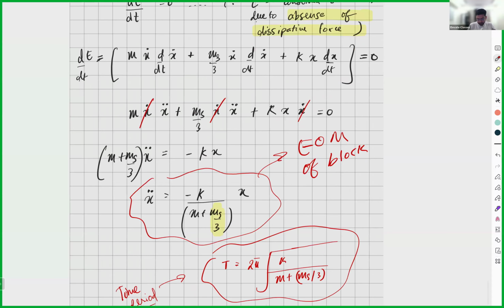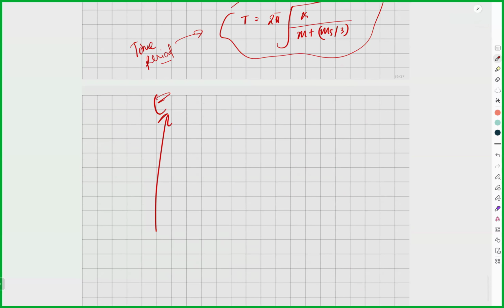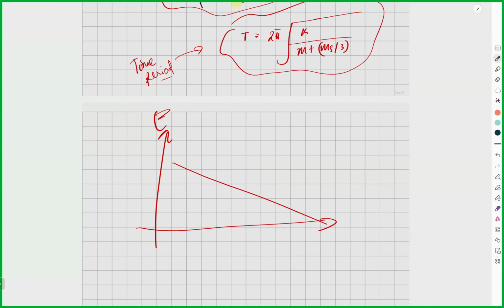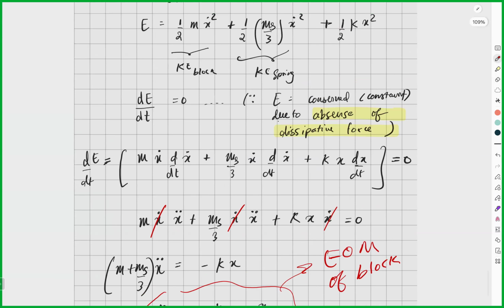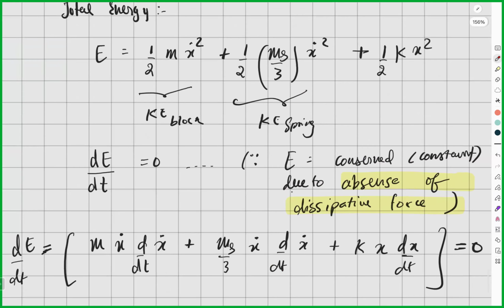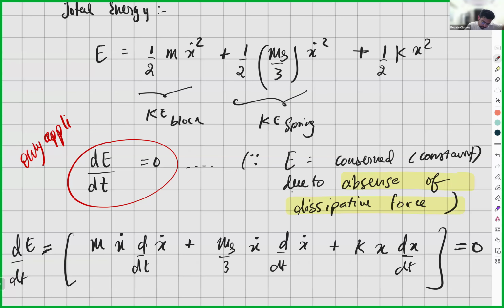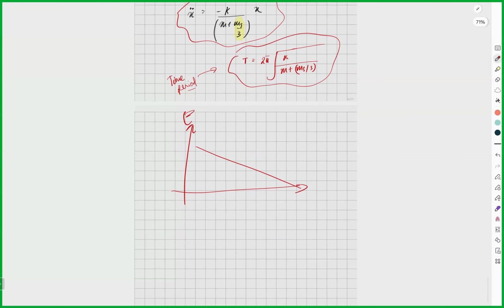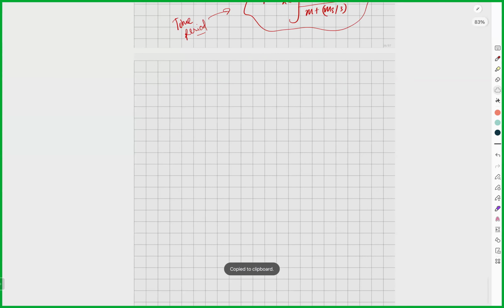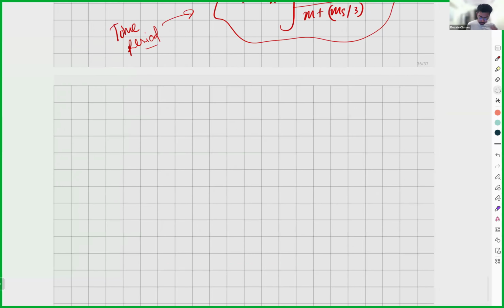And if we have any dissipative forces, then it will not be equal to zero. Yes, it will not be equal to zero.